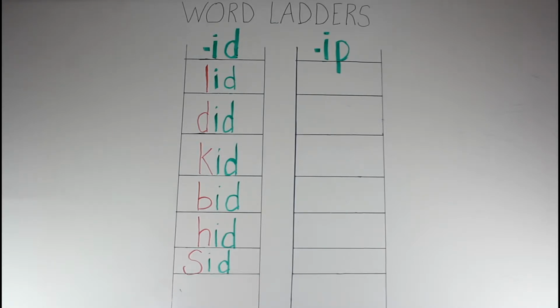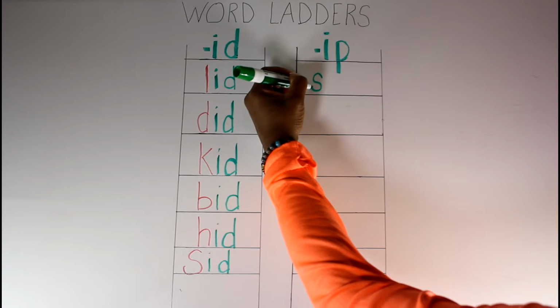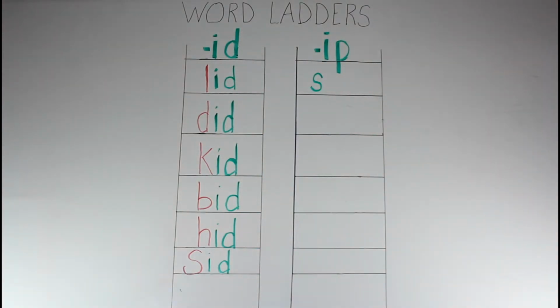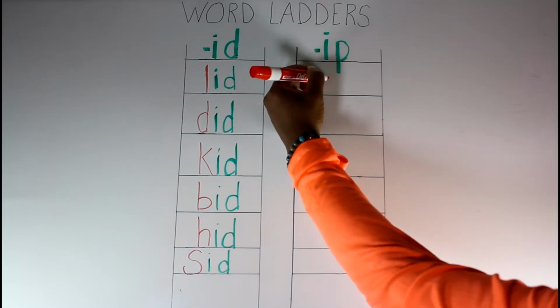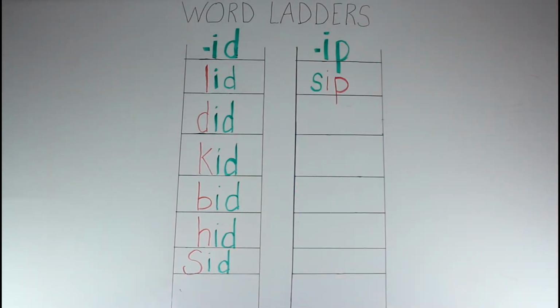Okay. IP, which says ip. And I will start off with the word S, which says s, and I, and P, which says ip.